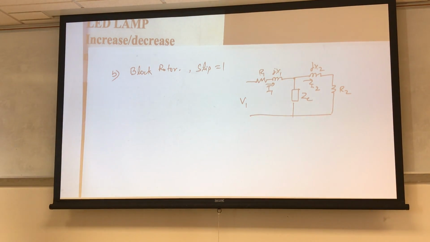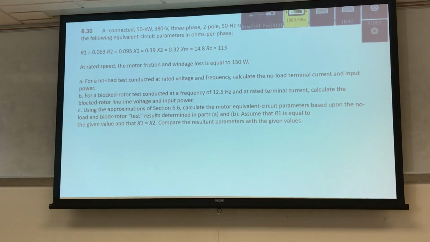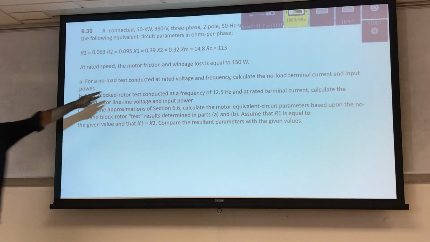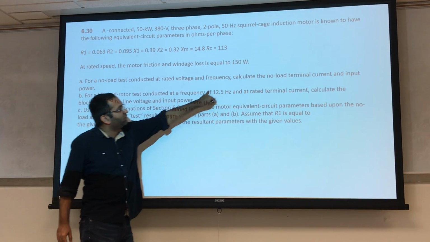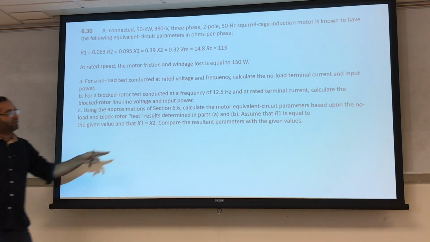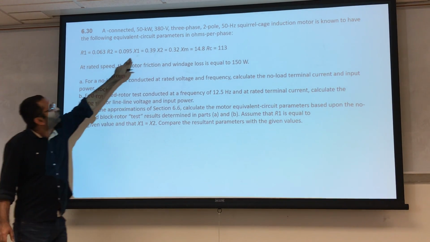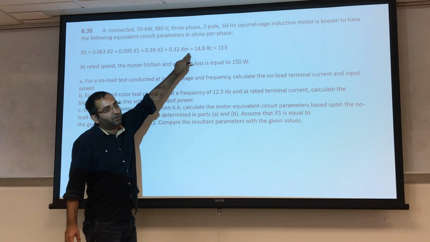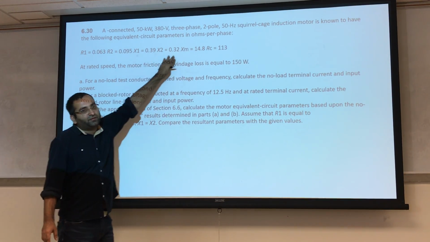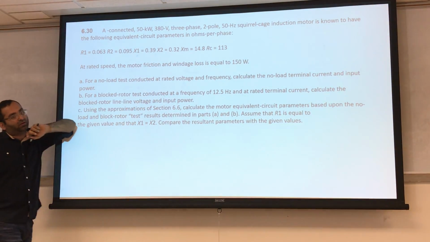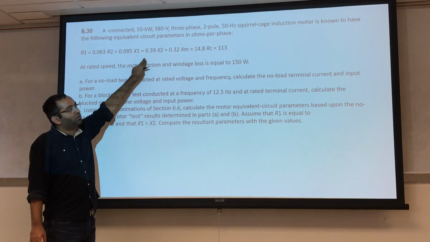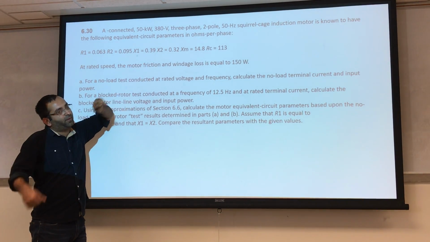The previous one was running at 50 hertz. So if it's running at 12.5 hertz, then you have to redefine the value of x1, x2, and x3, because the value of the inductance depends on the frequency. So everything should be reduced by 25%.